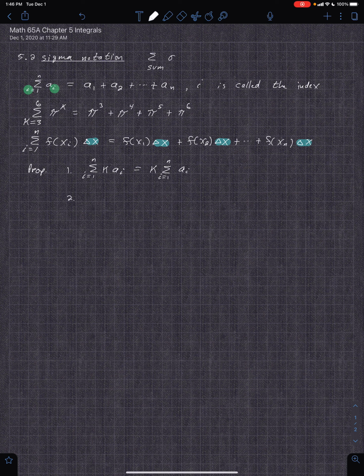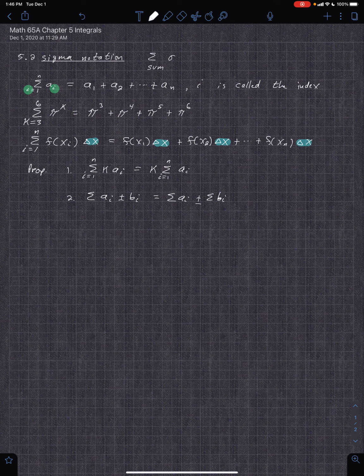Okay, the second one is a sum, plus or minus. The sum of a sub i plus or minus b sub i means you can break it up into the sum of a sub i plus the sum of b sub i. It doesn't really matter what the index is in that case, and in either case, plus or minus.